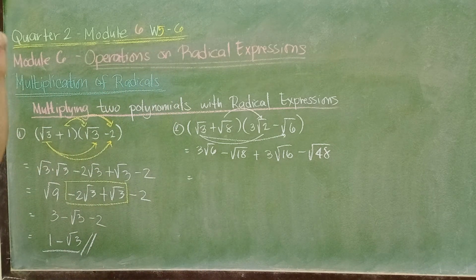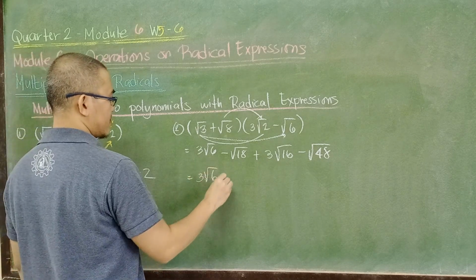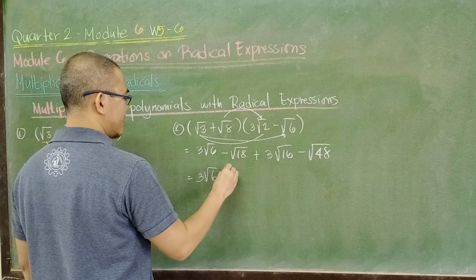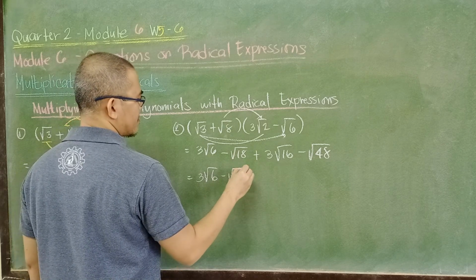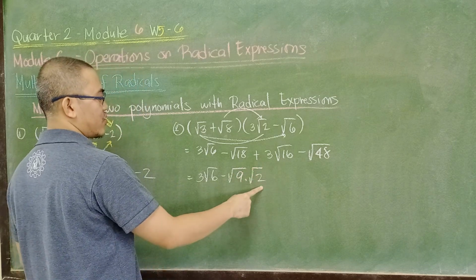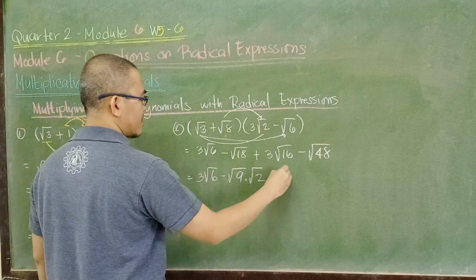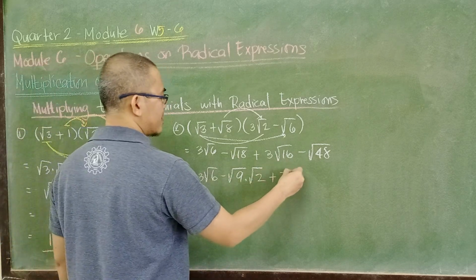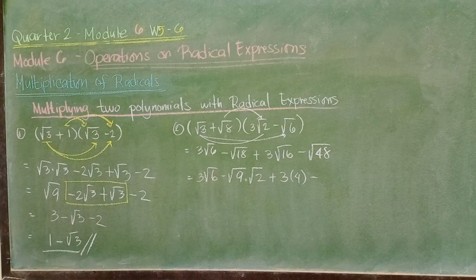So next we simplify 3 square root of 6, and then yung 18 can be written as 9 times square root of 2, tama? Square root of 9 times square root of 2 is square root of 18, plus 3 square root of 16, that is 4, and then yung 48. Anong factors ng 48?